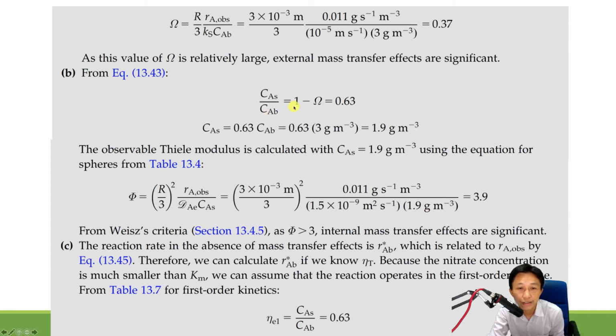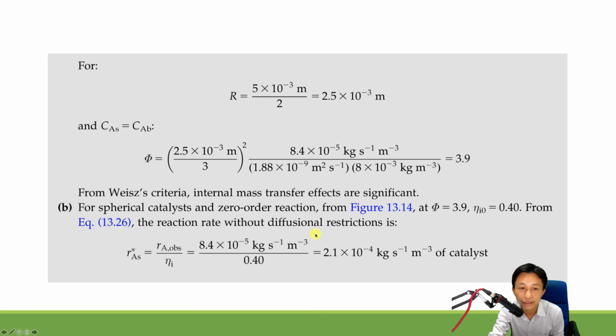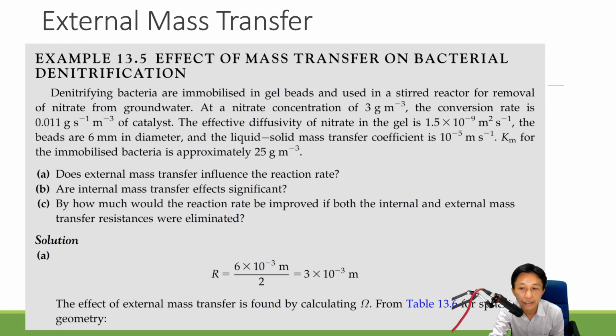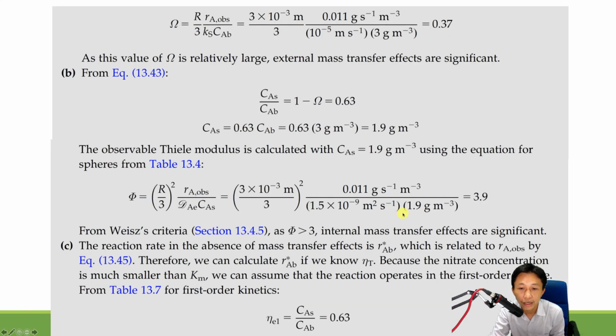And for this one, phi is 0.9, significant also, as phi is more than 3, similar to this one, 3.9, and again this one 3.9. So internal mass transfer is also important.